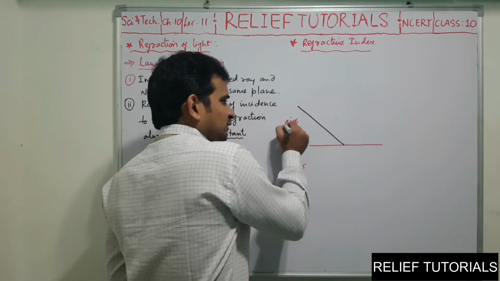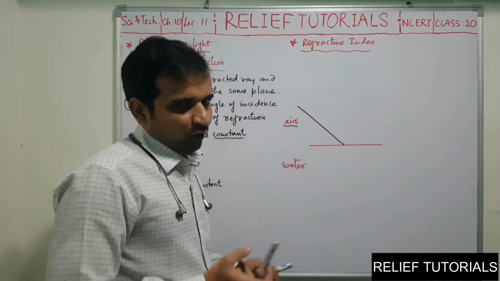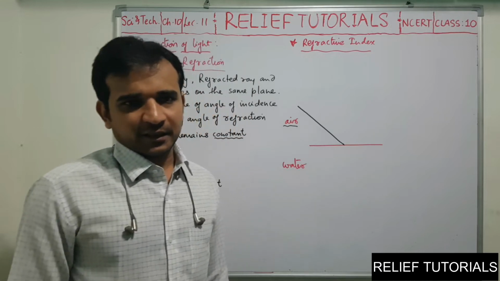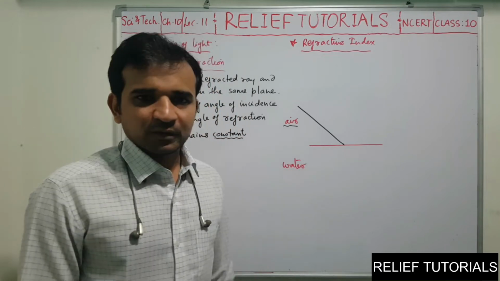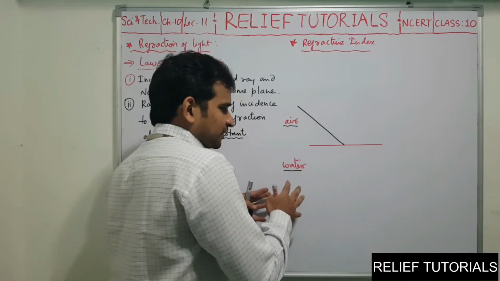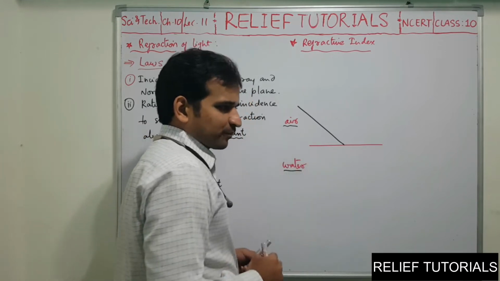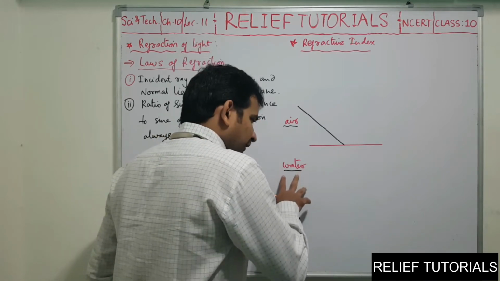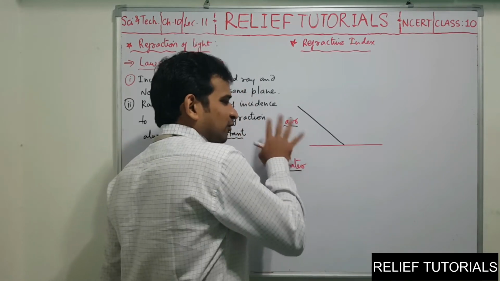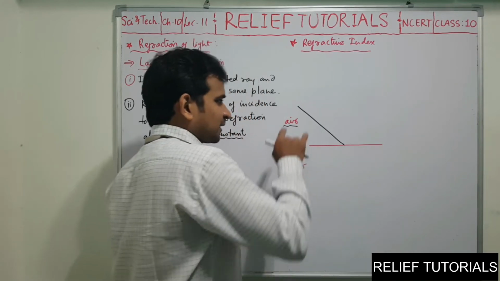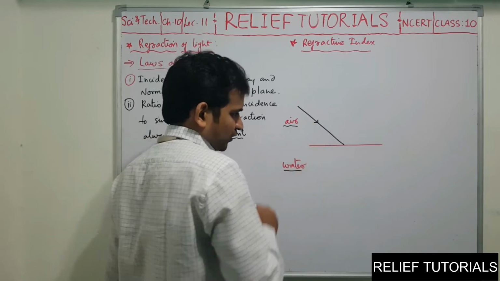We know the speed of light in air or in vacuum is 3 into 10 raised to 8 meter per second, meaning 3 lakh kilometer per second. Water is a comparatively denser medium compared to air, so the speed of light will be less than that in air.